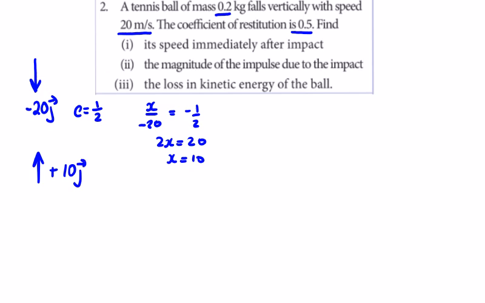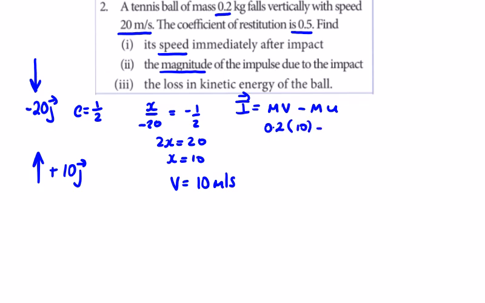We're asked for the magnitude of the impulse and the speed immediately after impact. So speed v is equal to 10 meters per second. And the magnitude of the impulse: impulse is equal to mass times velocity minus mass times previous velocity, so 0.2 times the velocity we finished with, 10, minus 0.2 times the velocity we started with, which was minus 20.